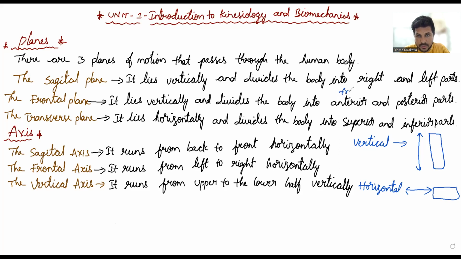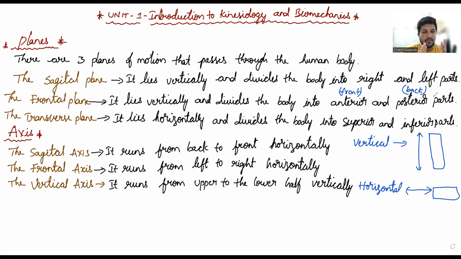Anterior is the front portion and posterior is the back portion. So it is also a vertical plane which divides the body into anterior portion and posterior portion. Anterior is the frontal body and posterior is the backside of the body.